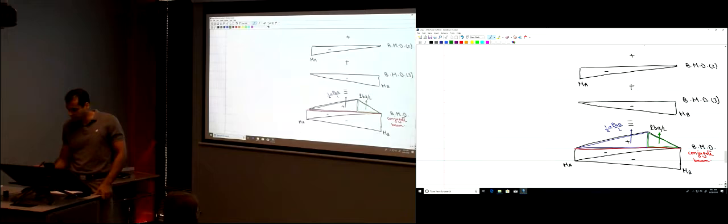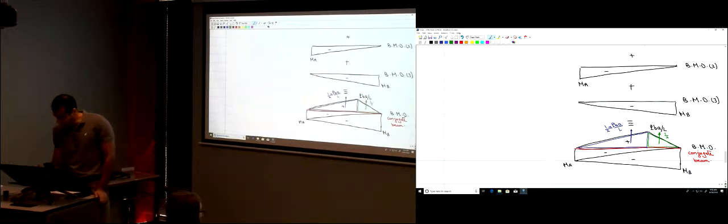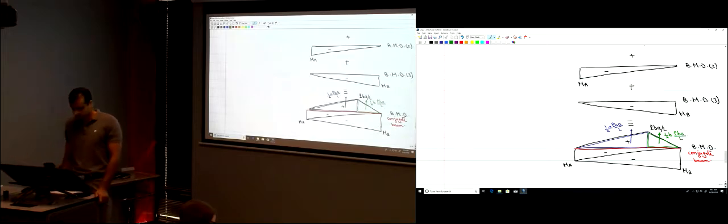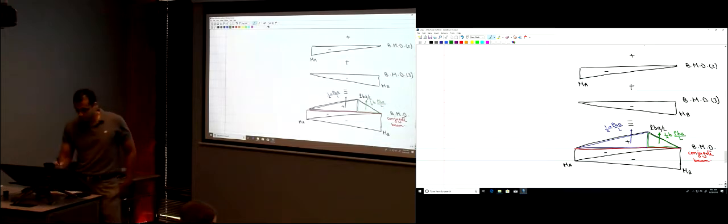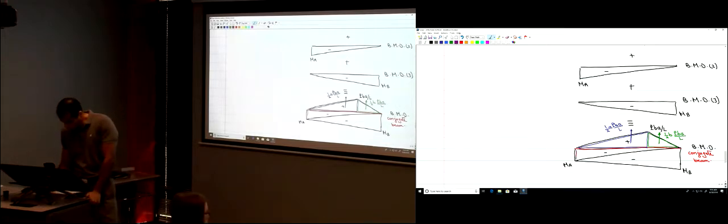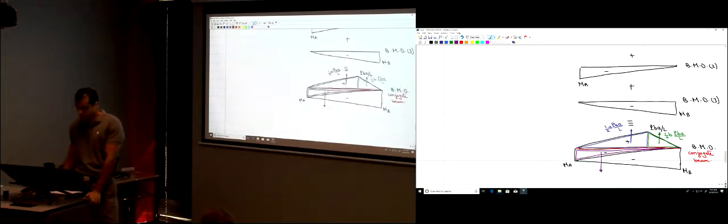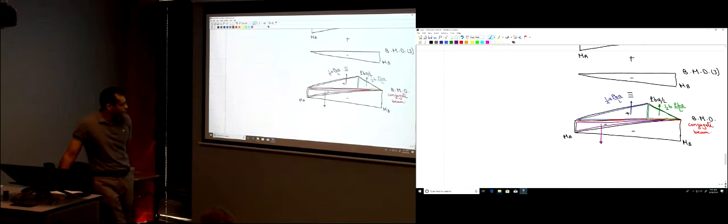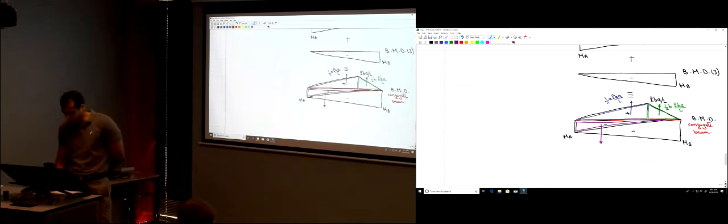And how about this green force? It's a triangular load as well, so it's 1/2 the base, which is B, multiplied by the height, which is PBA over L. Okay? Let's draw this one here. How much is this one? It's a triangular load. So again, this is 1/2 the base. How much is the length of that triangle?